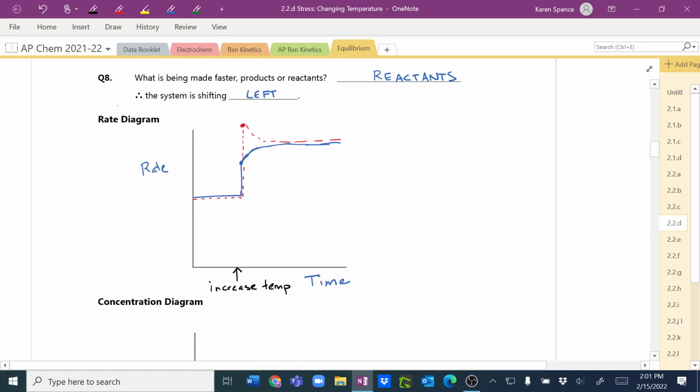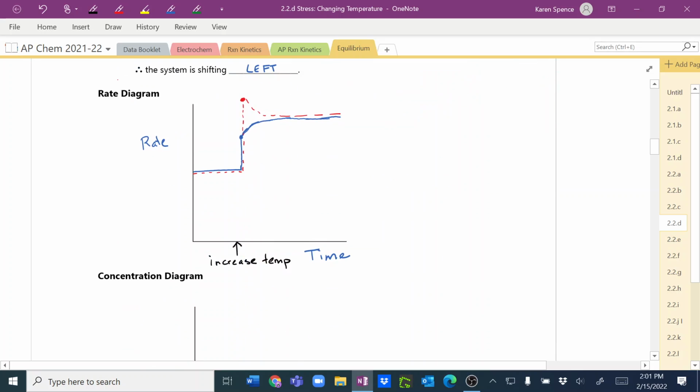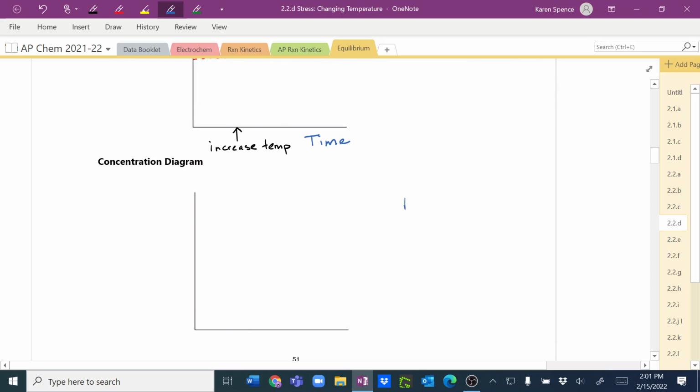Concentration diagram. Ooh, I didn't write my reaction. N2 plus 3H2 goes to 2NH3. And we are shifting that away.